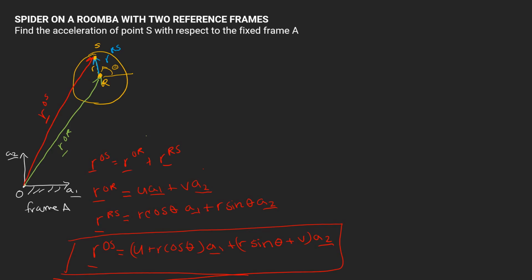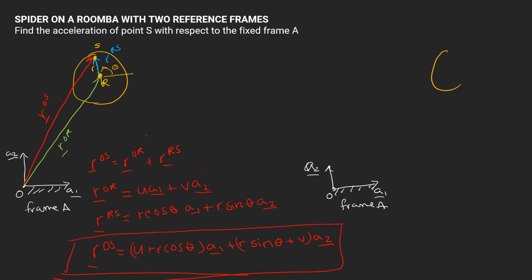And now we're going to introduce how to get a position vector using multiple reference frames. So again, we're just going to set the problem up in the very same way. We still have our fixed frame A, with A1 and A2.